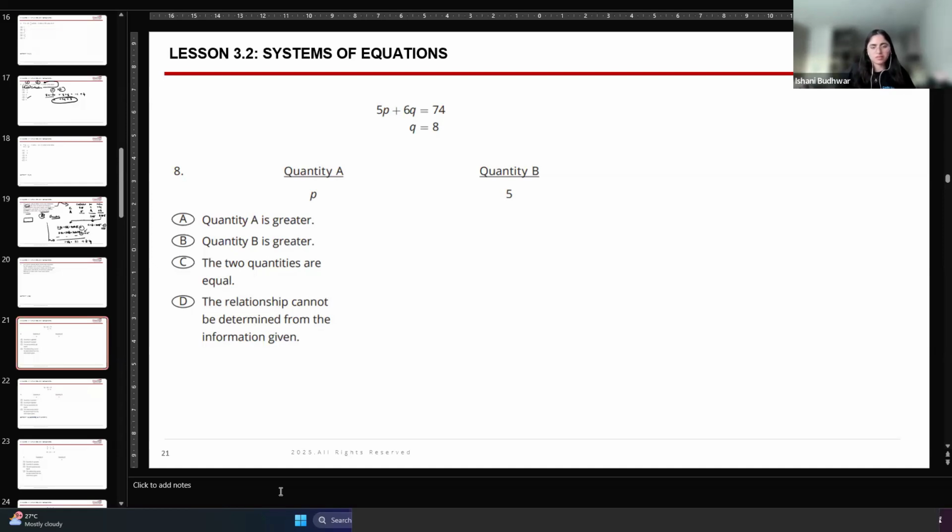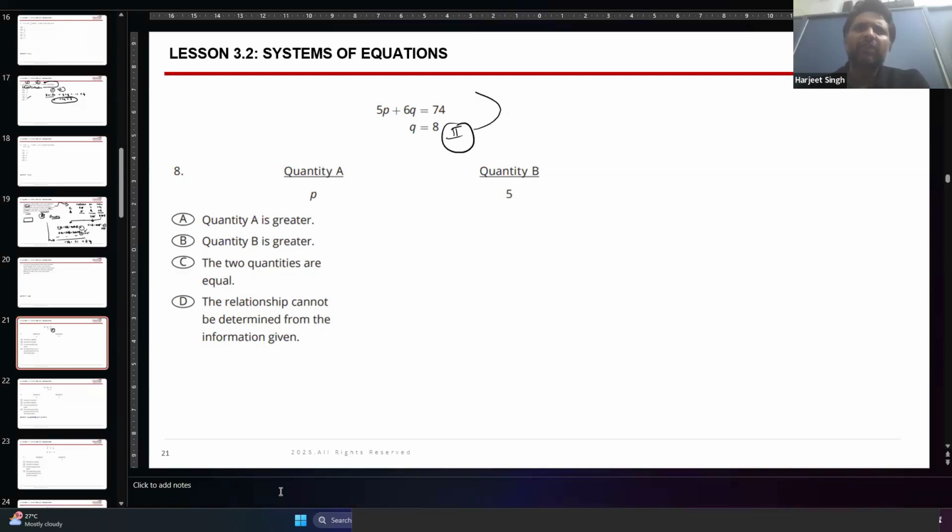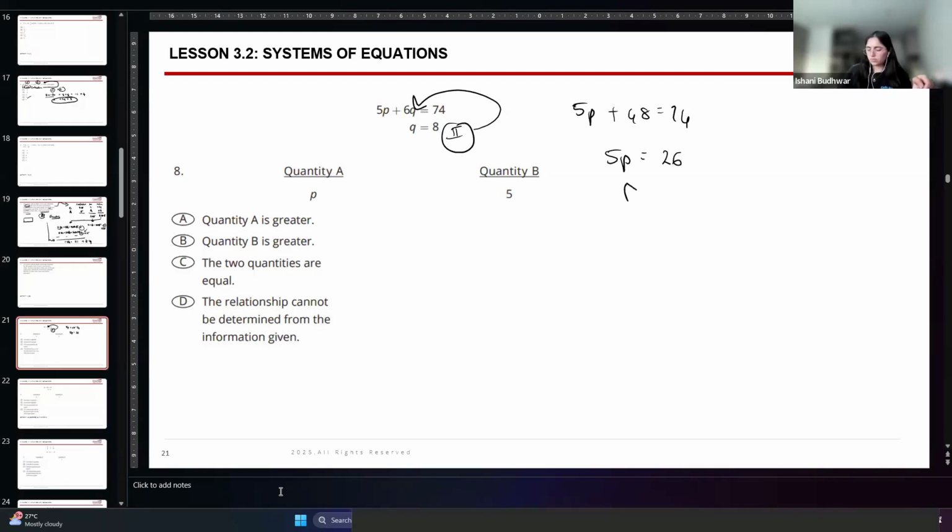A. Okay. So pretty straightforward. The second equation is giving the value of q. So we put it here. So 5p plus 48 equals 74. So 5p equals 26, right? And p is equal to 5.2. So p is greater than 5, so A is the right answer. Great.